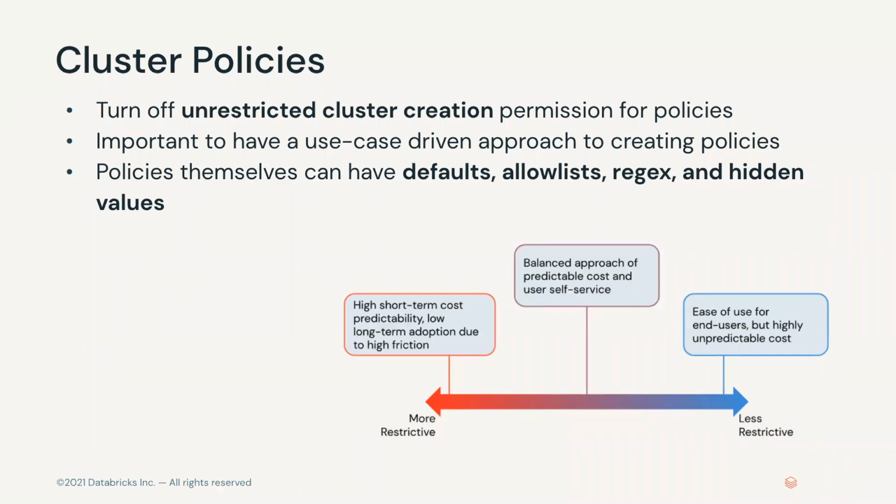For example, if you have very restrictive policies on jobs that need to finish in an hour, but the user doesn't have the ability to create a cluster that can finish the job within an hour, it might take several hours to finish that job. Because of that, the actual cost of that job running could be a lot higher because it's taking a lot longer to finish.